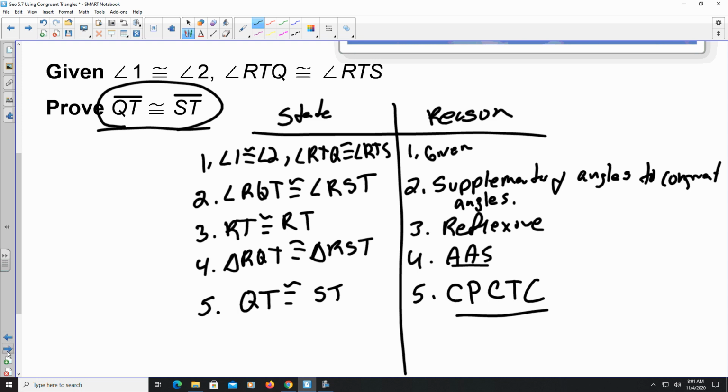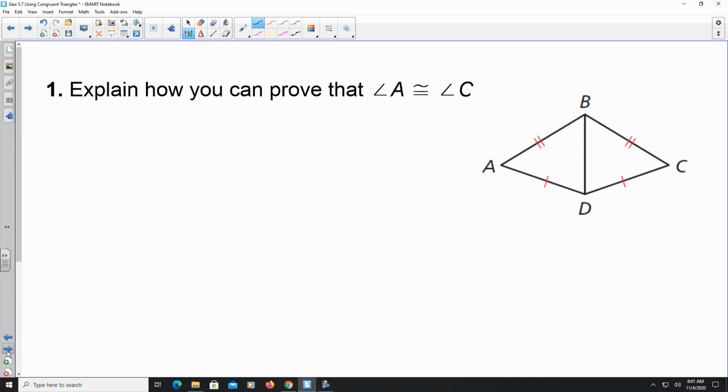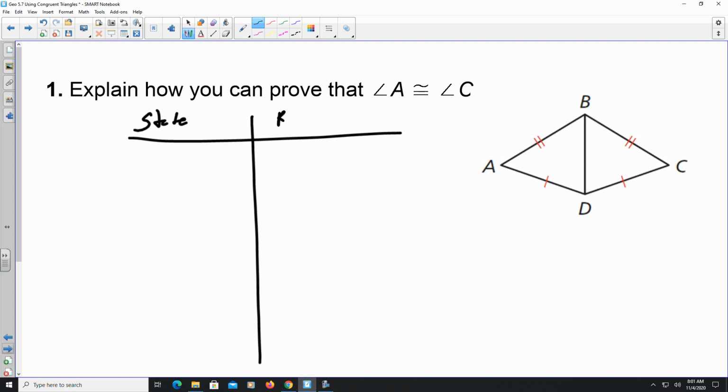If we look at another one, here they're asking you to explain how we can show that angle A is congruent to angle C. So right off the bat, looking at statements and looking at my reasons, here they have some givens in the diagram.